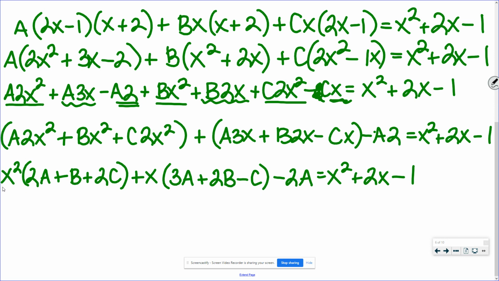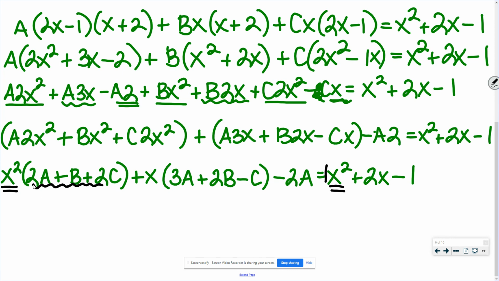Do you see how this is an x squared out here, and we also have an x squared over here on this side of the equation? I am going to use that, and I'm going to say that the coefficient on this right side in front of the x squared is a 1. That's what I need the coefficient to equal for the x squared, because that's what's given in the problem.